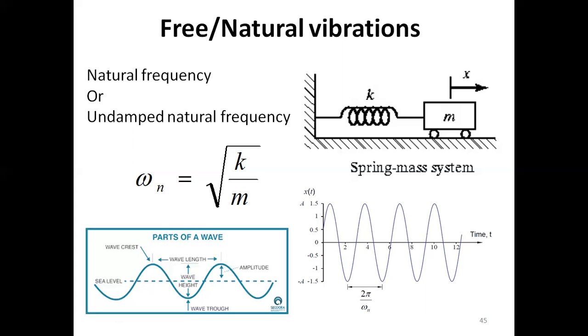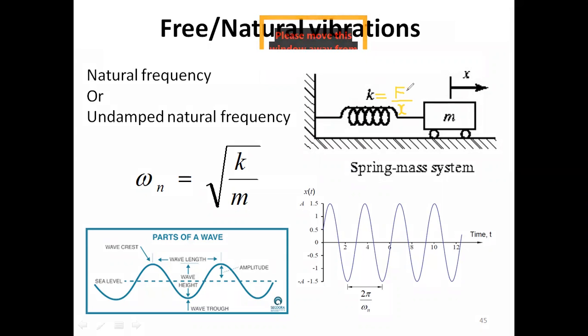What would happen? Deformation would occur inside the material. And this K would be equal to the force that is required to produce unit deformation or displacement inside the material.